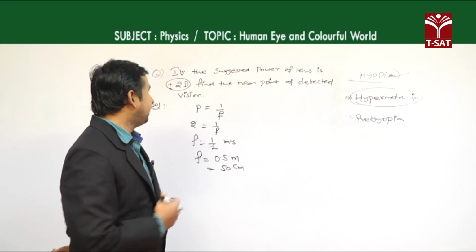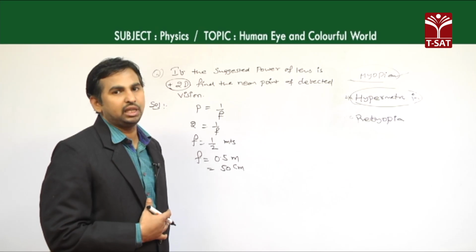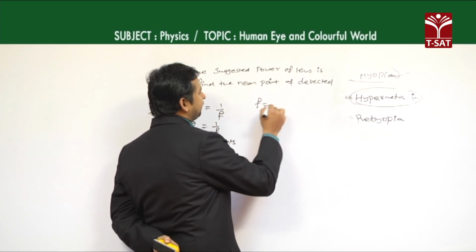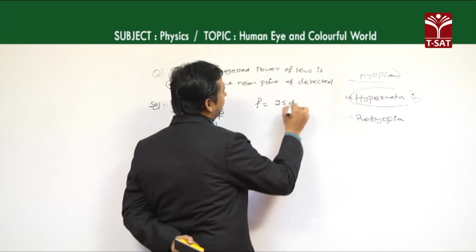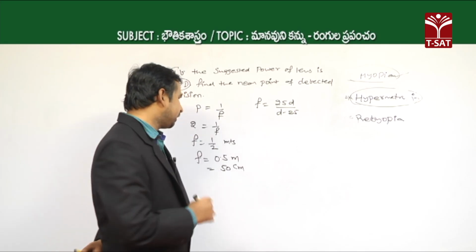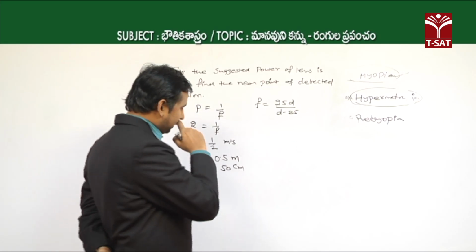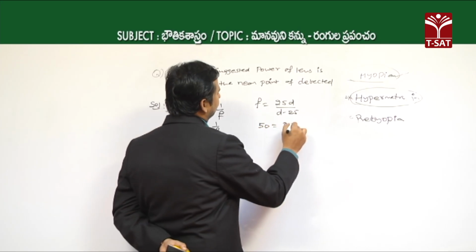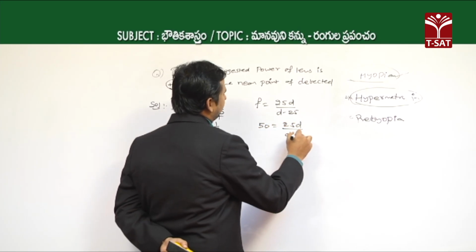Now, what we have to find is the near point, which is the d value. But we know that the suggested focal length f is equal to 25d by d minus 25. Then, as the focal length is 50, we can write f is equal to 50 is equal to 25d by d minus 25.